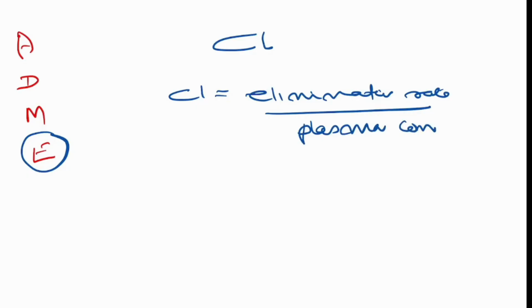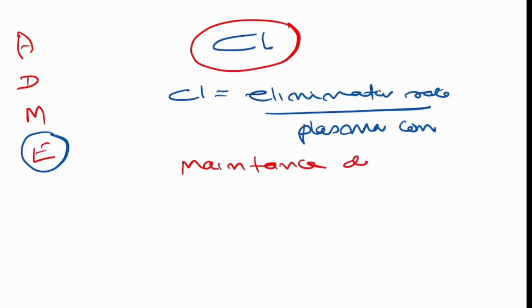This determines how fast a drug leaves the body. So clearance determines the rate at which a drug is cleared from the body. Why should the clinician need it? This is for calculating the maintenance dose.